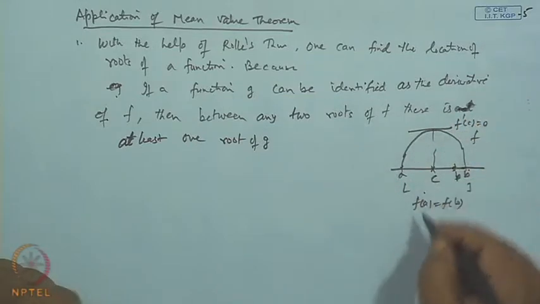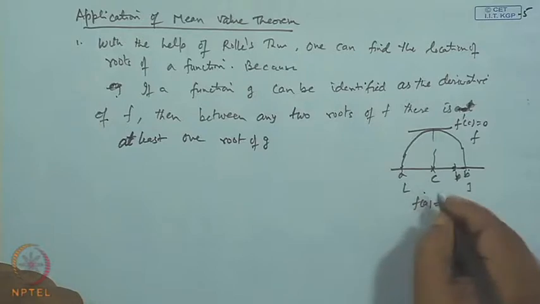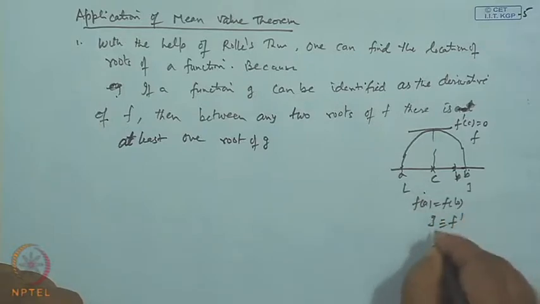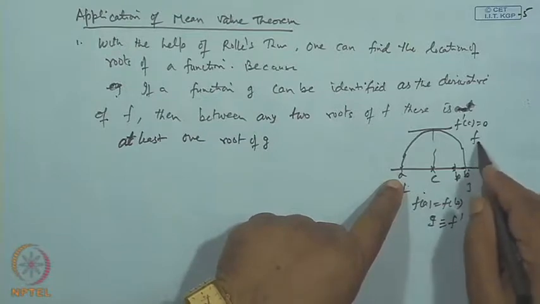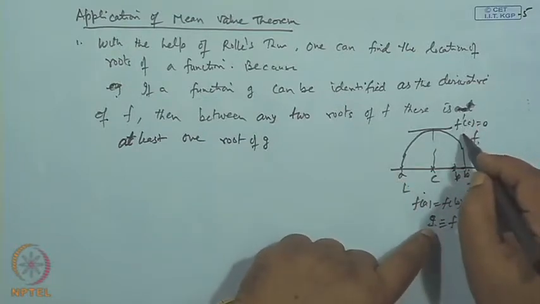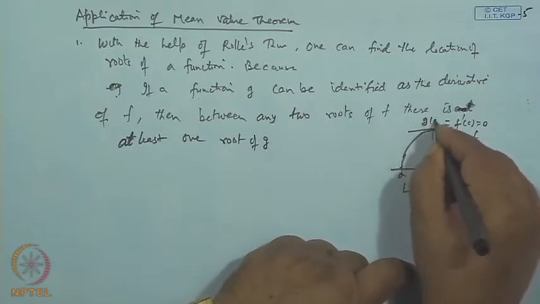It means, if g is a function which is equivalent to the derivative, then between any two roots of f, there is a root of g, because this is equivalent to g c.